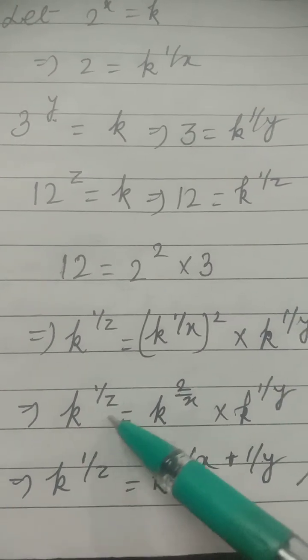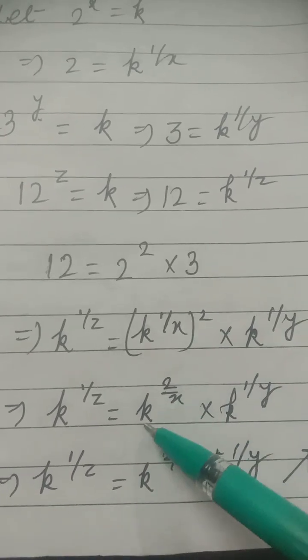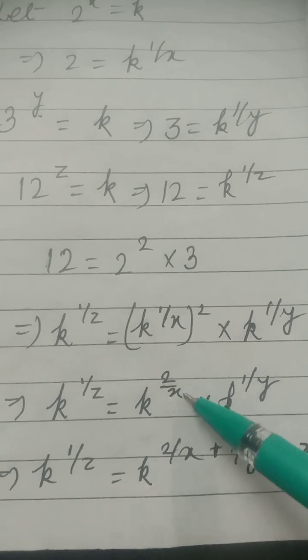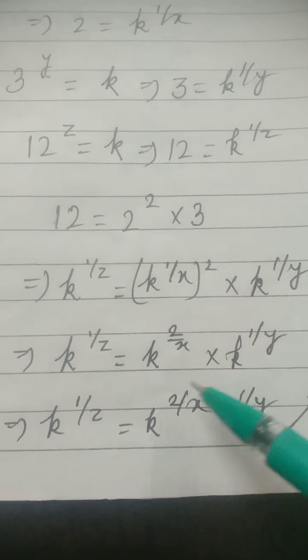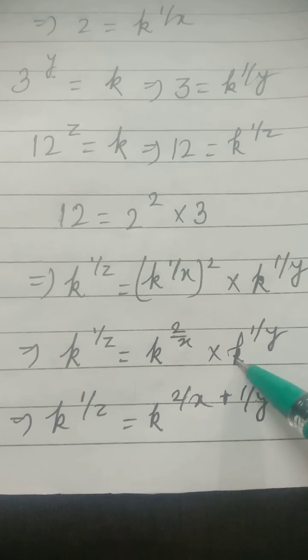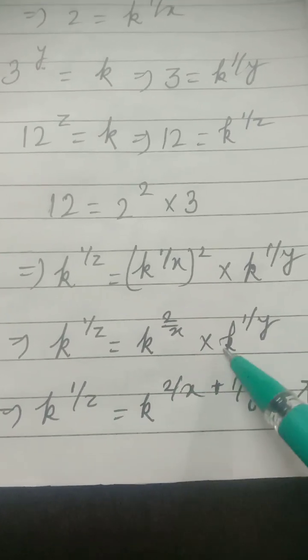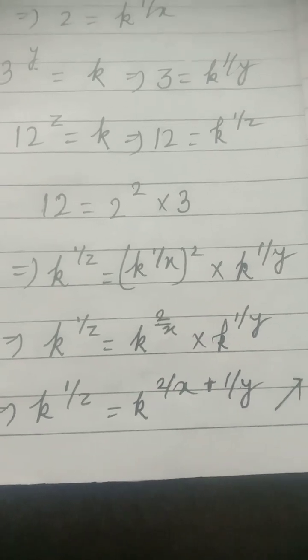This implies k to the power 1 by z equals k to the power 1 by x into 2, which is 2 by x, into k to the power 1 by y as it is. Now here we found the same base. So k to the power 1 by z equals k to the power 2 by x plus 1 by y.